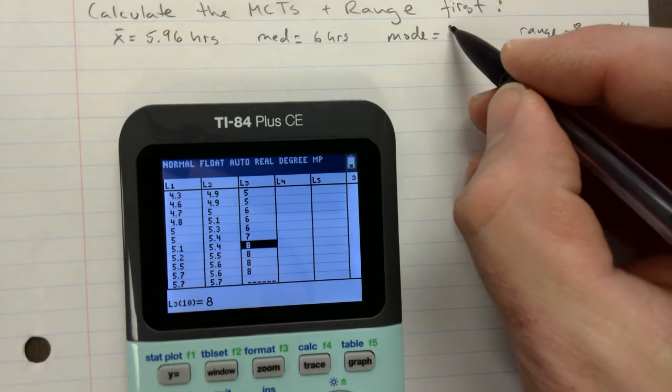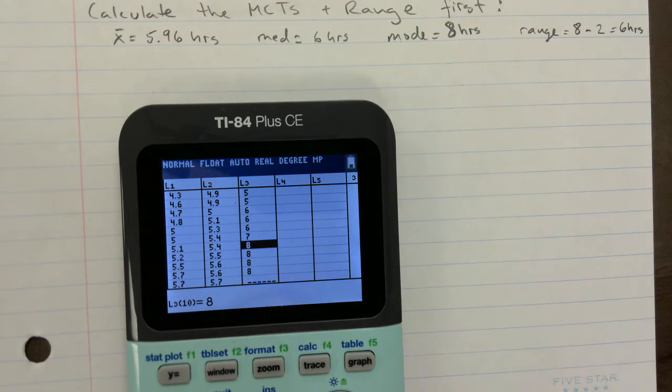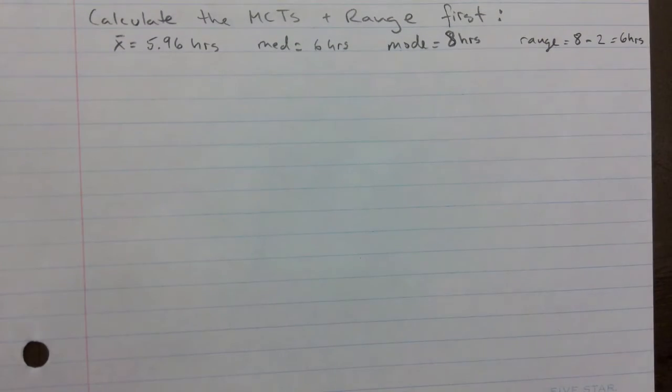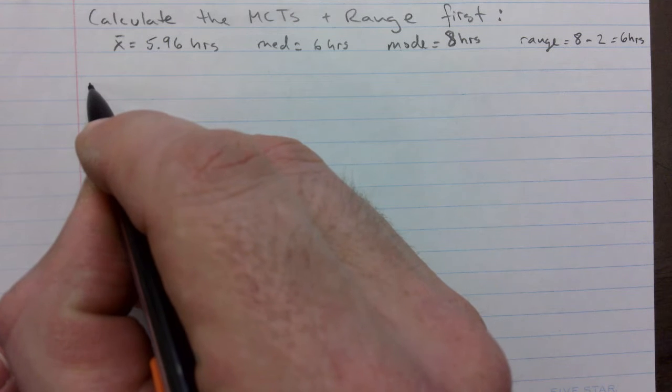Right? So that is my mode, the one and only. Okay. So I have the MCTs, they're all there. If I need to come back to them, that's great. Okay. So now I'm going to tell you how to make a frequency table.